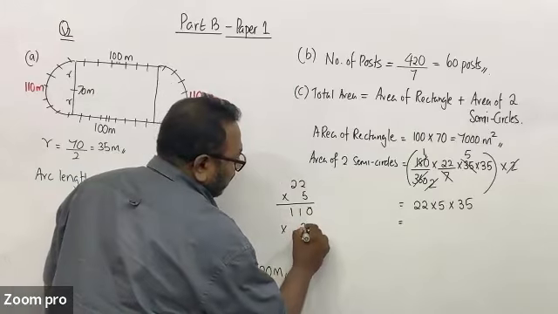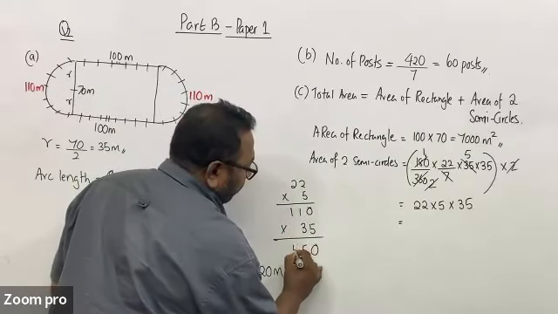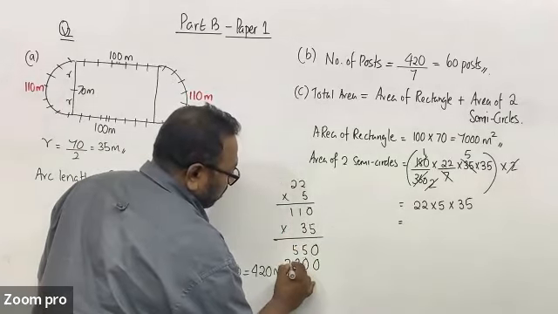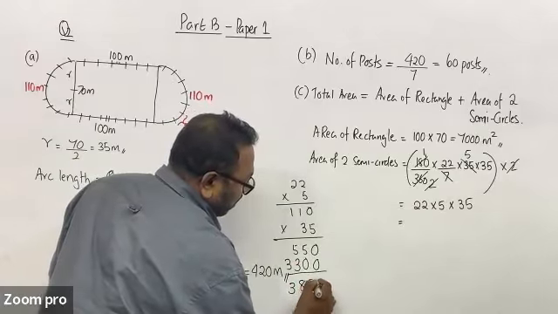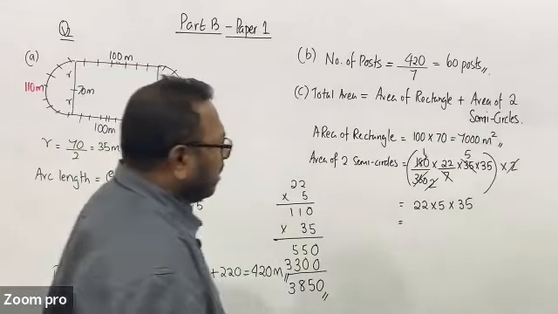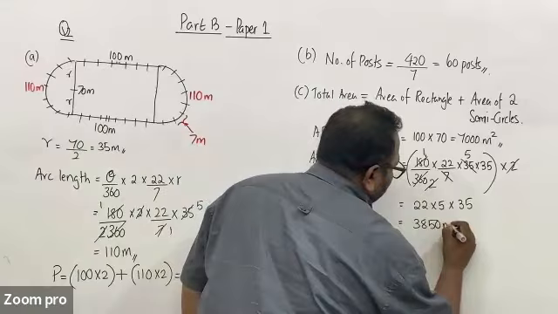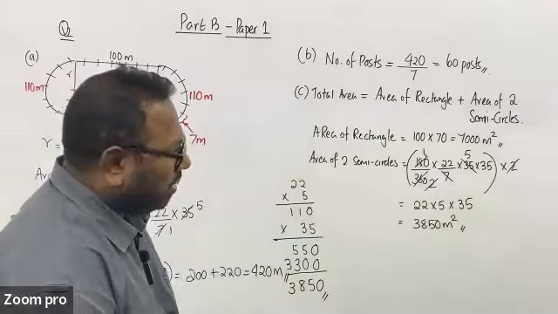So you can do that here. 0, 5 and 5. 0, 3, 3. So you have 3,850 square meters, which is the area of two semicircles.